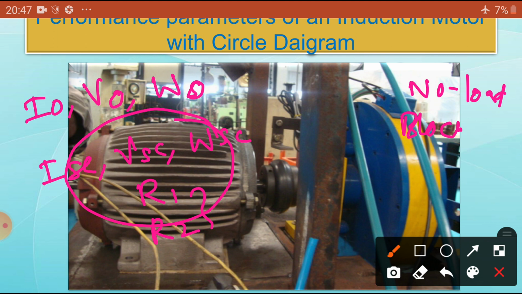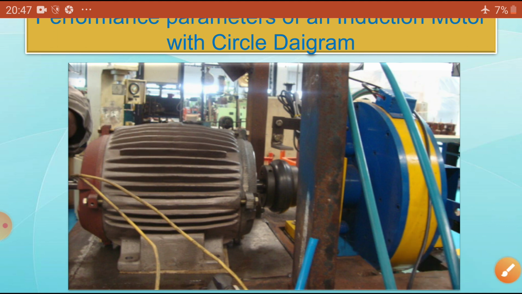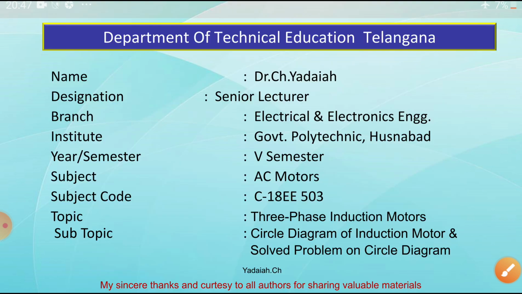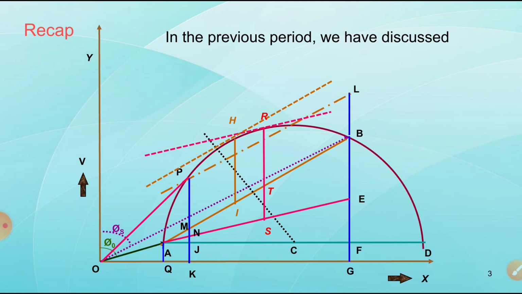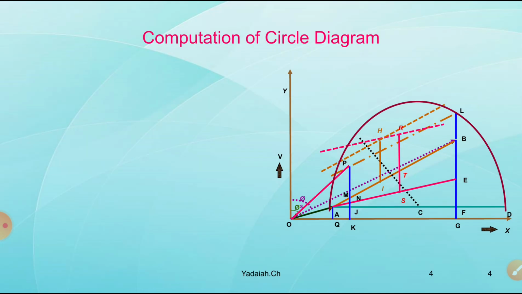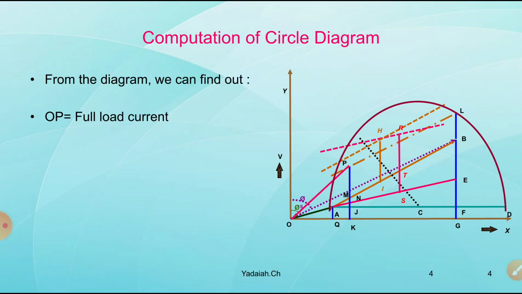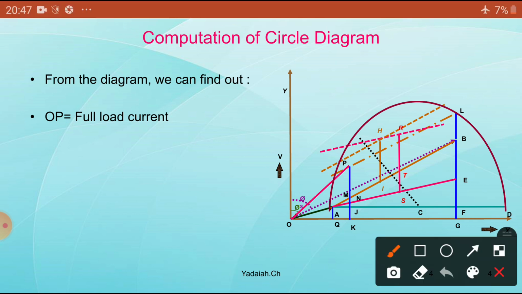Let us assume we performed this test, and based on this I have drawn all of this. What we have calculated from the diagram, we can find out OP. This is the P point, the full load current, and this is the O point.